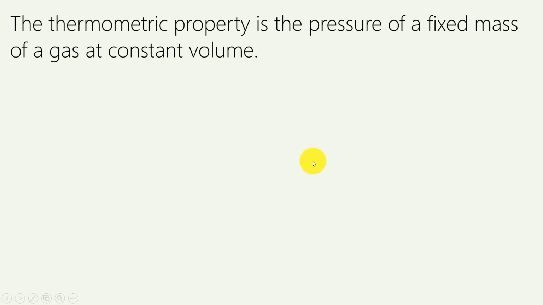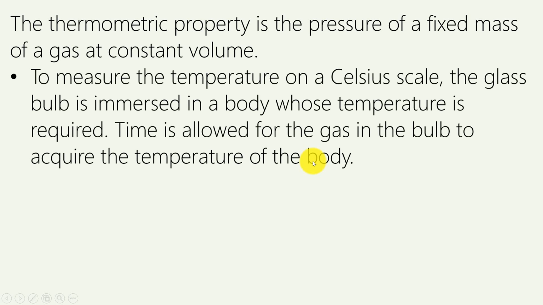Now, we say that the thermometric property used is the pressure of a fixed mass of a gas at constant volume. So to measure the temperature on a Celsius scale, the glass bulb is immersed in a body whose temperature is required.